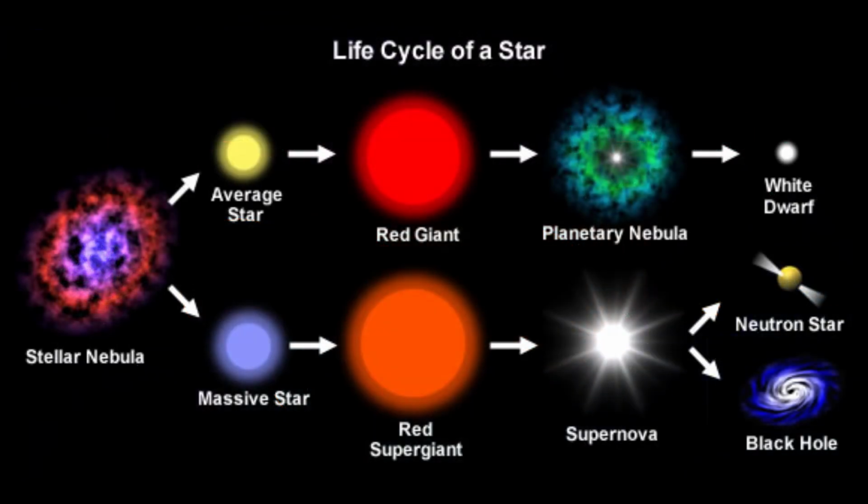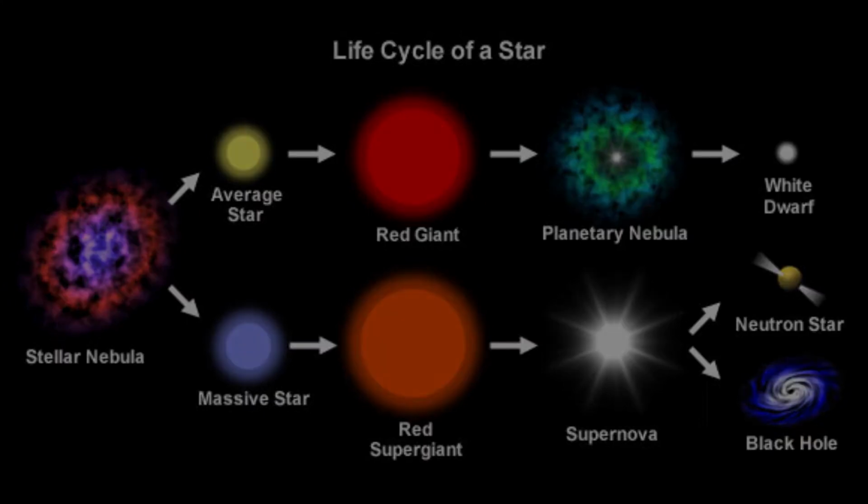As we can see in this graphic, sometimes stars take a different route depending upon their mass. So you can see the path we just looked at with our own star, the Sun, but if the star is more massive, then there's the potential for a supernova. If a supernova occurs, you can either get a black hole as the mass implodes upon itself, or a neutron star.